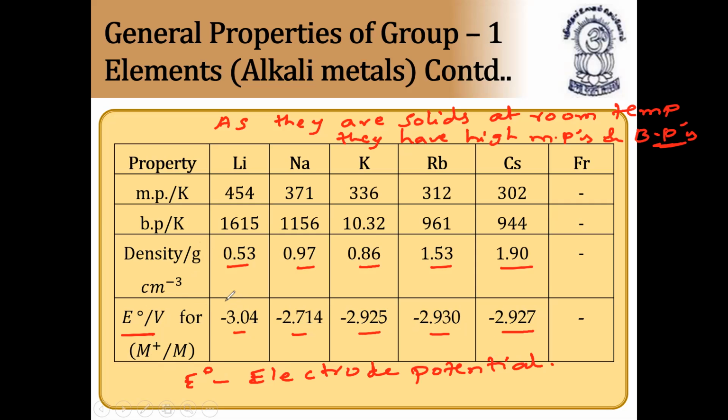So lithium is the strongest reducing agent. The strongest reducing agent among alkali metals is lithium ion. This point you have to remember. Next is potassium, next sodium, and sodium is the least when compared to all.